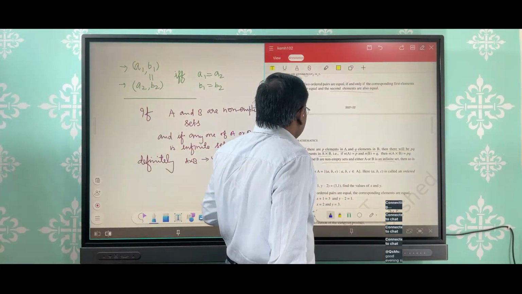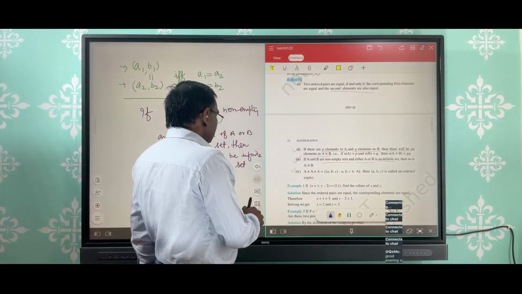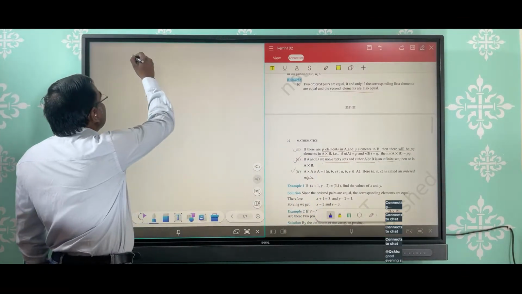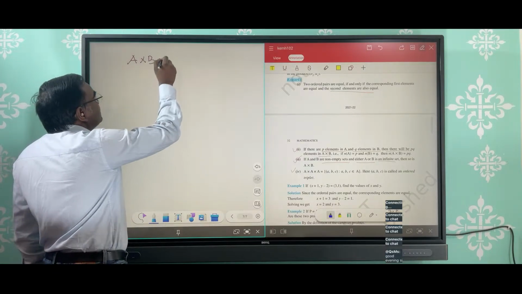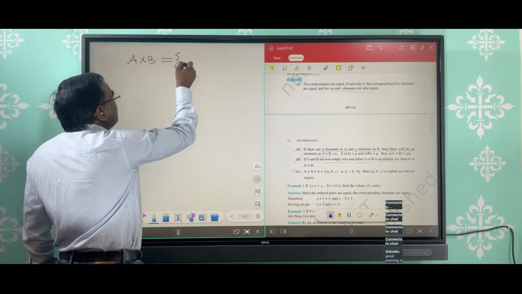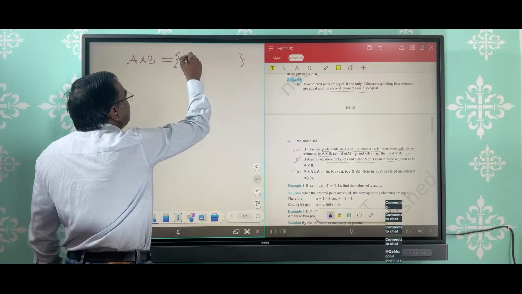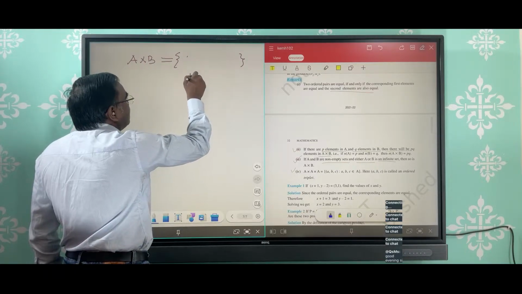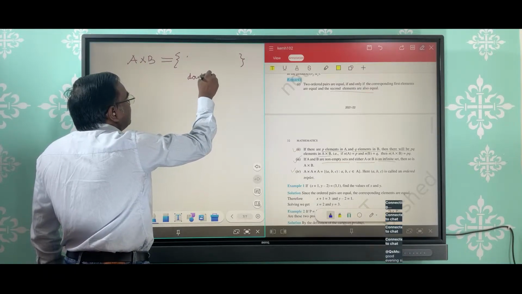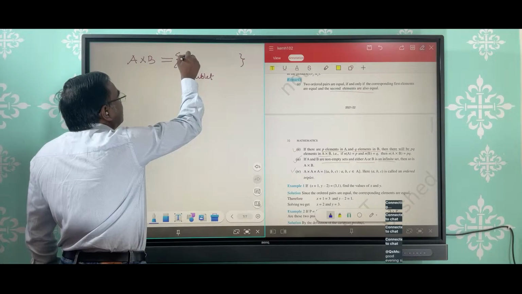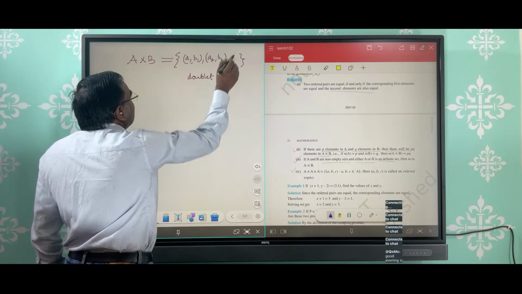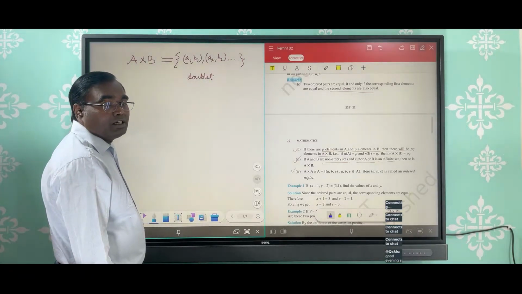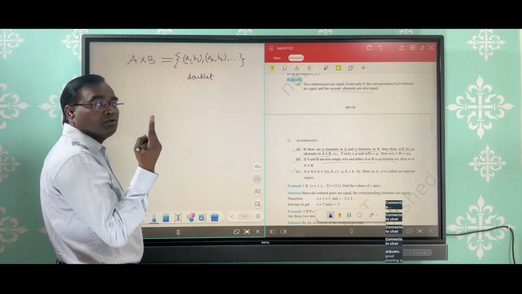When you take the cross product of two sets, the result is called a doublet, because you get A1 B1, A2 B2, which are ordered pairs with two elements.